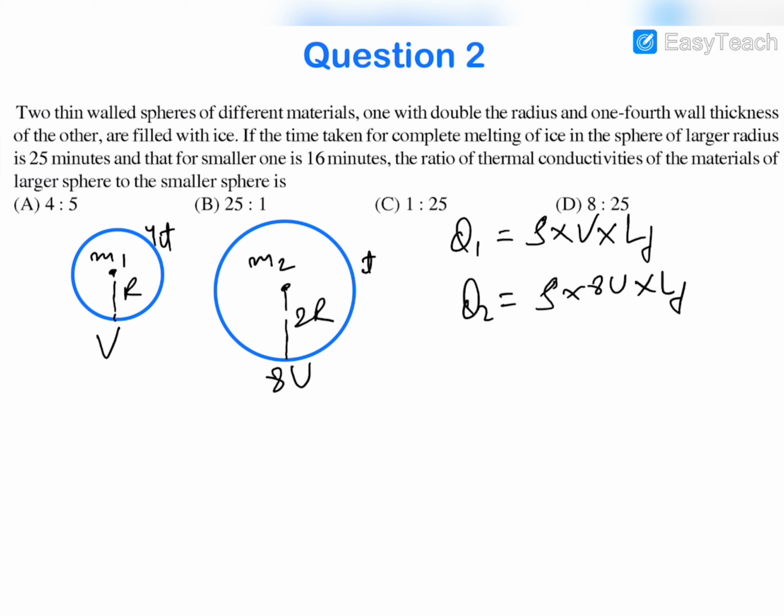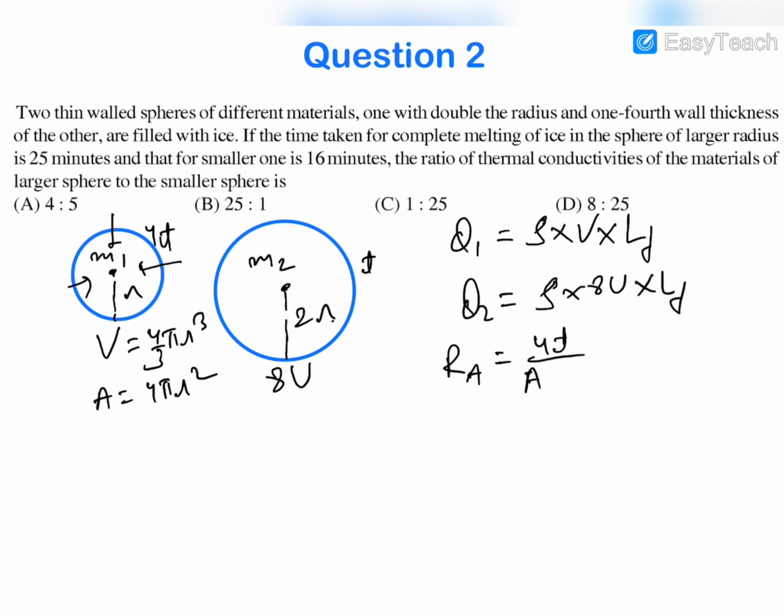Now we know that the thickness is also different. So the heat will be flowing from outward to inward. So let us suppose that the thermal resistance is, in fact thermal resistance is capital R, so the thermal resistance of first one, RA, will be 4T by area, where surface area is A, this is 4/3 pi r cube, and the surface area is 4 pi r square.